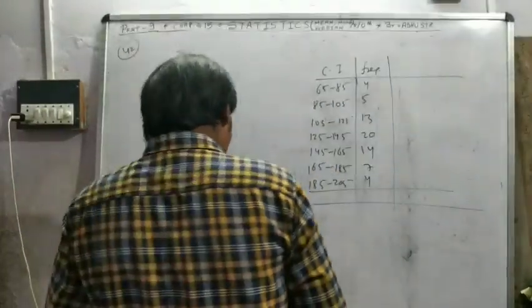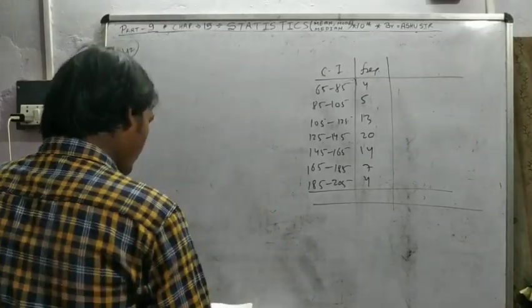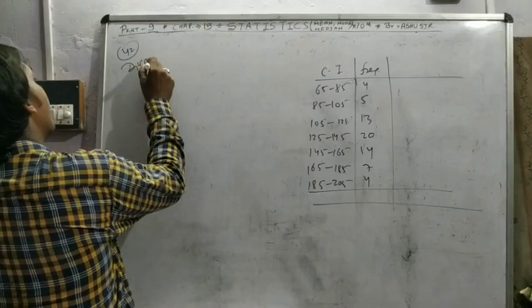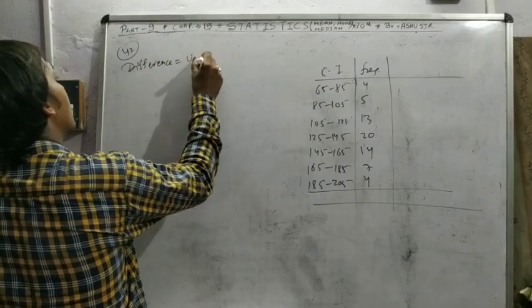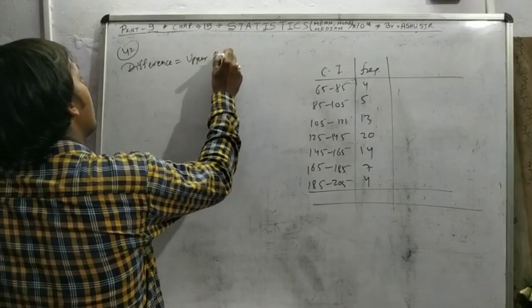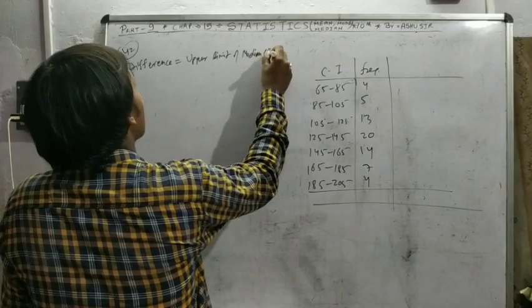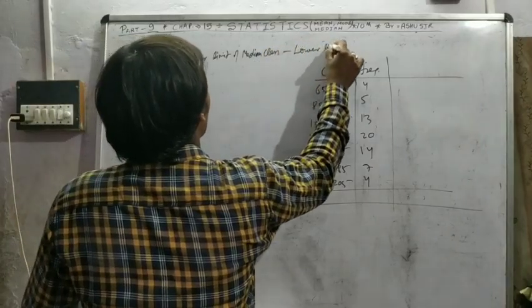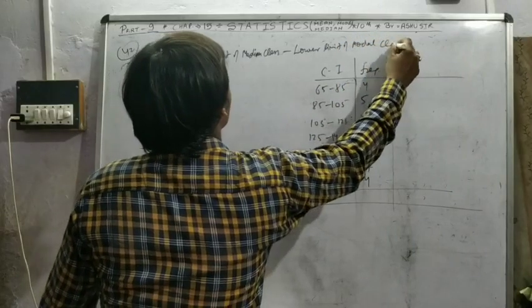Question 1. Find the difference of the upper limit of median class and lower limit of modal class. We want to find the upper limit of median class minus lower limit of modal class.